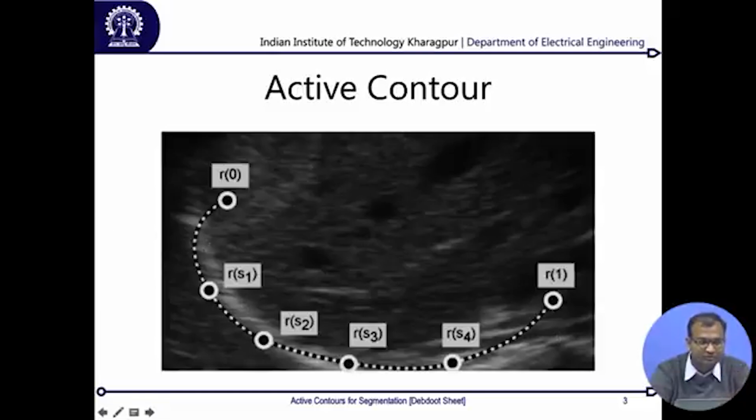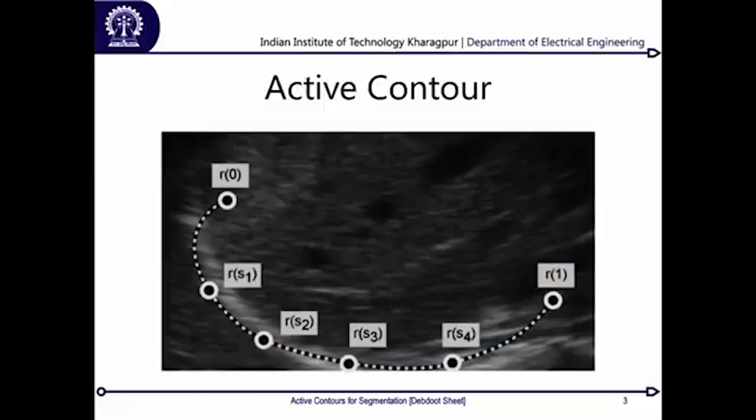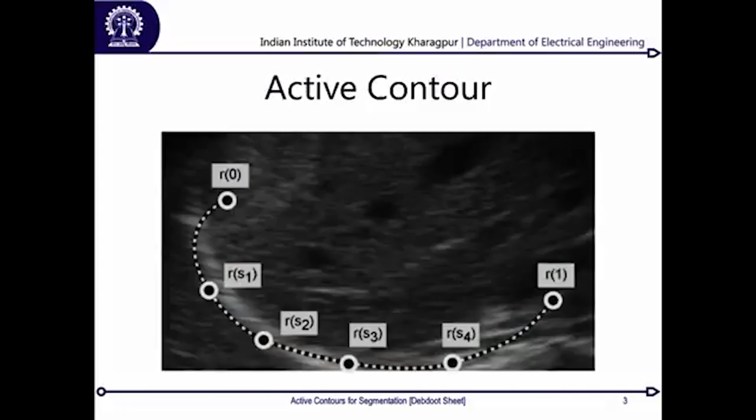You need to remember one thing, that since it is called active, that comes from the fact that this contour is mobile. The contour can move around, and since it has to move and converge at a point of time, this necessarily has to be an iterative process, otherwise it will not converge. So we are going to explain what to converge and how to converge, and since this has to move, you will have to find out how to move, how to find some sort of a force which will drift this contour in a particular direction, otherwise it might not come to a convergence point.